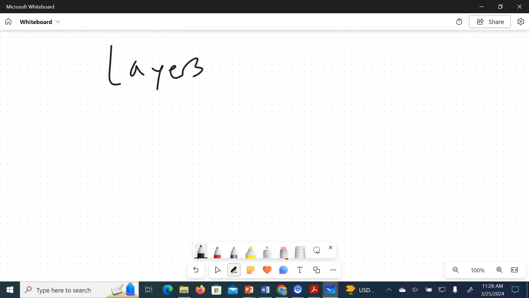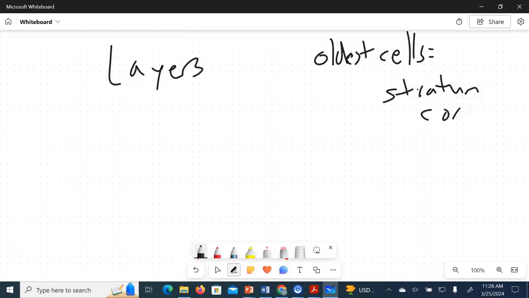You should remember that the oldest cells are in the stratum corneum, so the outermost layer of the skin. Stratum basale, the basal layer, you should know what we see there.